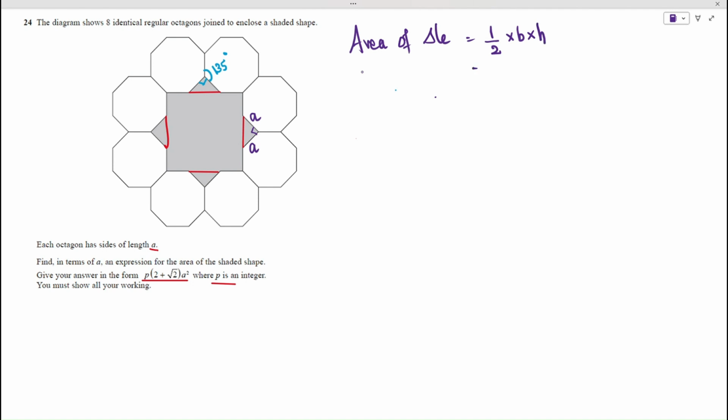We're given our base as A and our height as A, so we just have half times A times A, which is equal to A squared over 2.